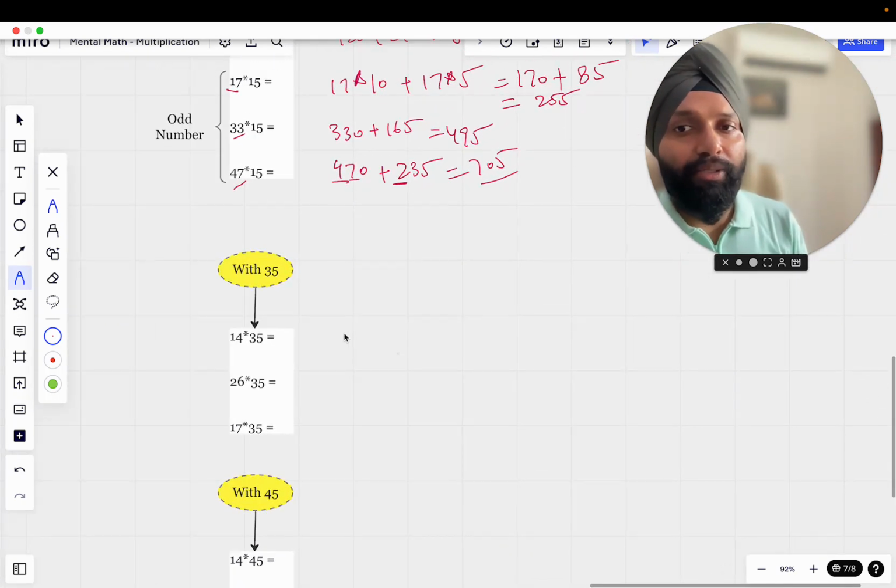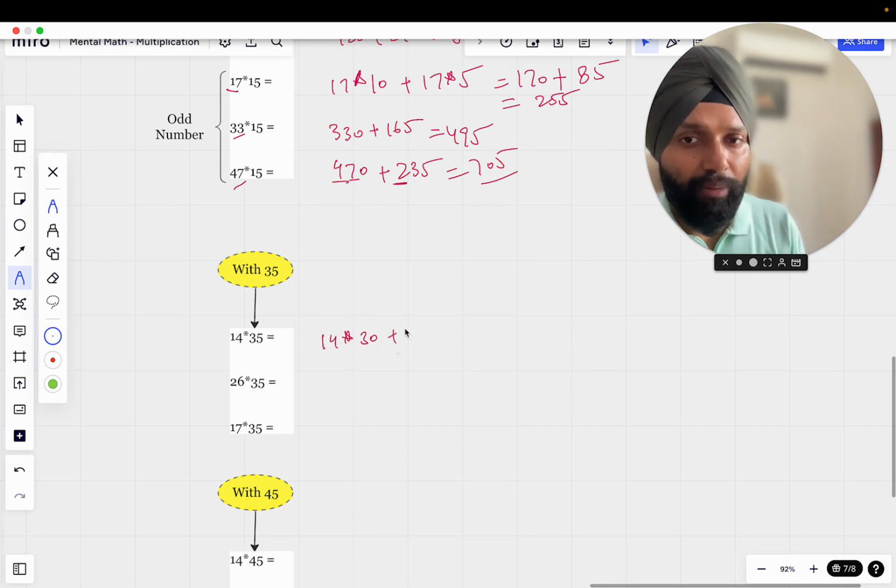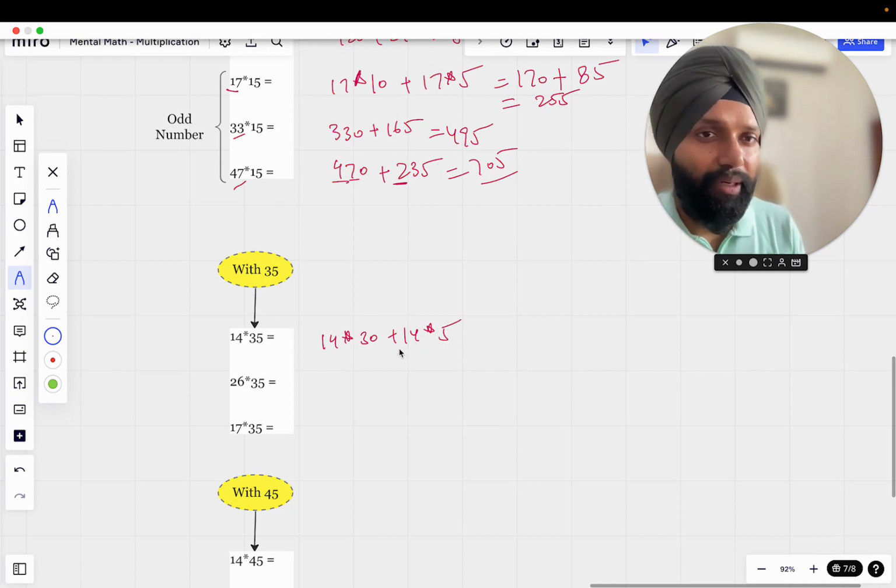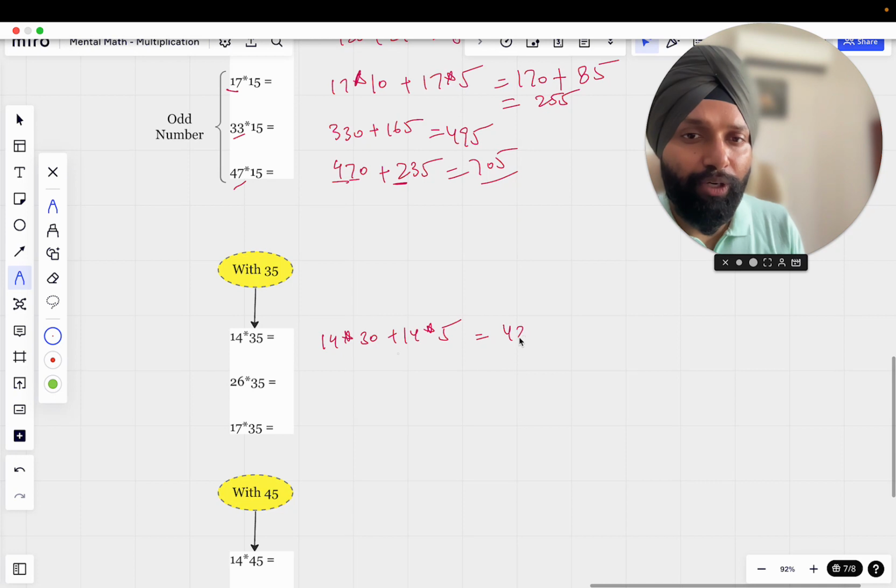Okay, so now let's look at how to multiply with 35. So the way to multiply with 35 is the same way we multiply with 15. So it is 14 into 30 plus 14 into 5. And that's how you will multiply with every number ending with 5. This way you will break it up. So this becomes 14 into 3 is 42, so 420 plus this is half of 14, which is 70.